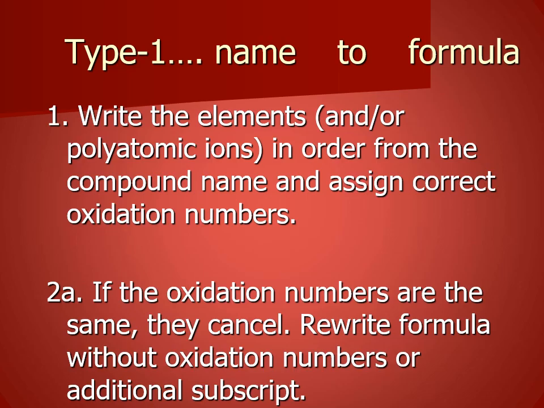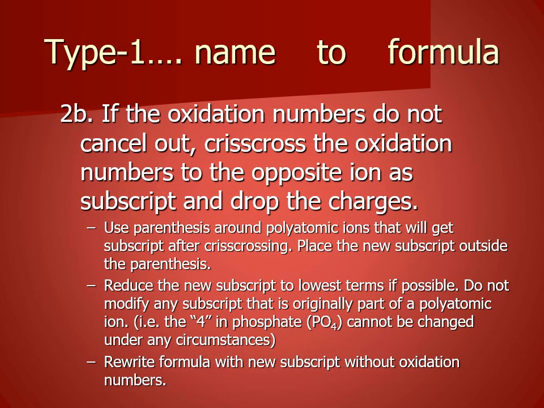Well, what if they don't cancel? Like aluminum and oxygen did not cancel, 3 positive, 2 negative. This slide explains, hey, if they don't cancel, you've got to crisscross them. So crisscross the oxidation numbers, make them subscripts, drop the positive, drop the negative, all right?